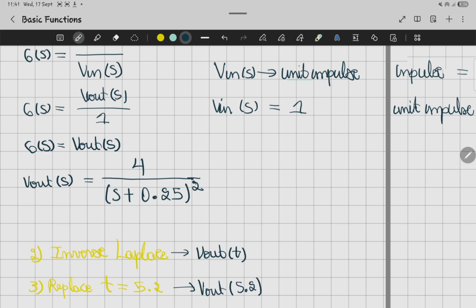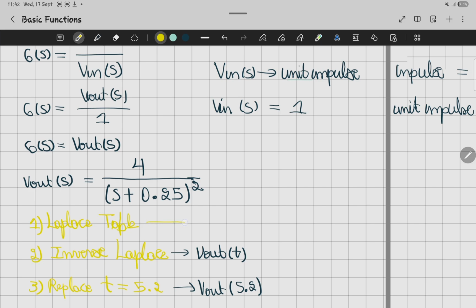Now since we have this form, the first thing you need to do is check the Laplace table. We need to verify if we have this form in the Laplace table, and if we do, then we move on to get the inverse.